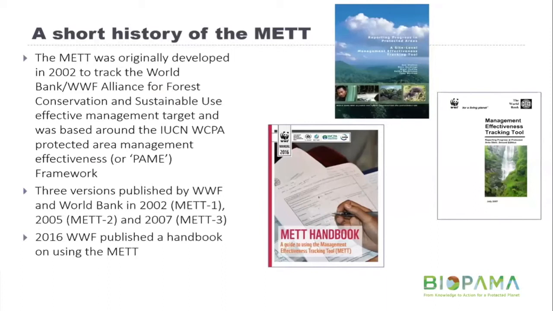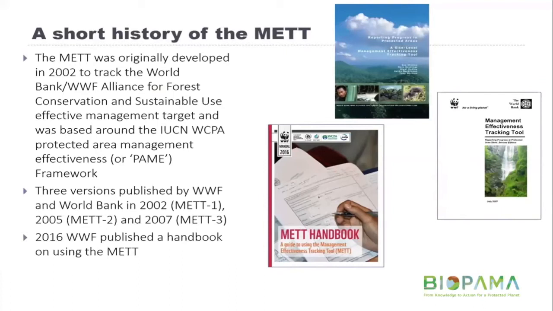It was originally developed in 2002 to track the World Bank WWF Alliance for Forest Conservation and Sustainable Use's Effective Management Target, and was based around the WCPA IUCN framework. It was required in every GEF project involving protected areas. Every country that had any project from GEF related to protected areas had to use the METT as a way to report progress of the investment of the project in protected areas.